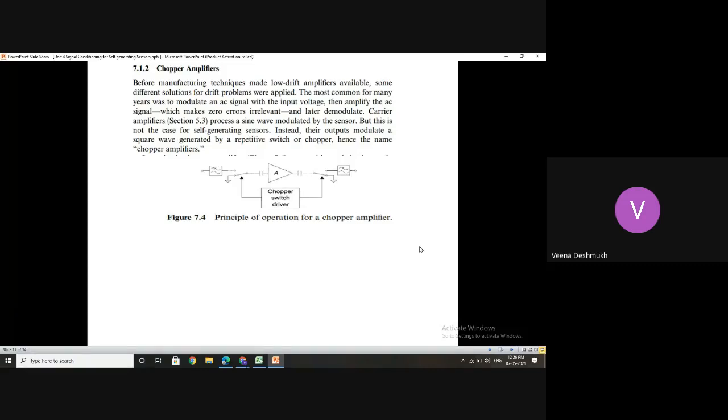In the demodulated signal, the DC level is adjusted in such a way that the DC offset is reduced completely to zero and only the information signal, in this case the signal from the sensor, is taken. That is used for further amplification.